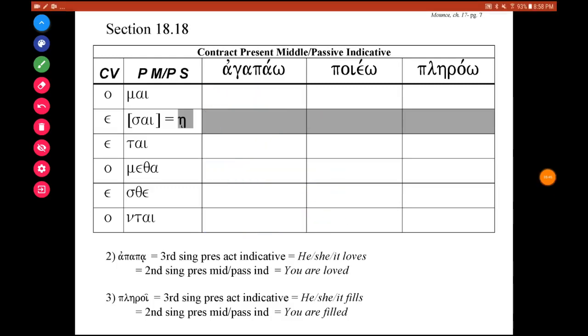Now let's clear the board and go over the forms for poieo. And if we have the epsilon here, we ask, well, what happens when the epsilon and the omicron combine? It contracts to u. So this would be poioumai.